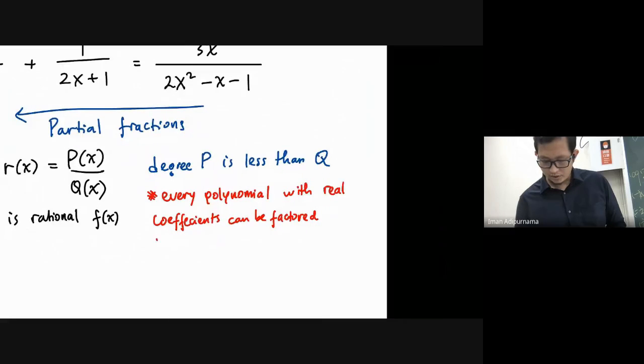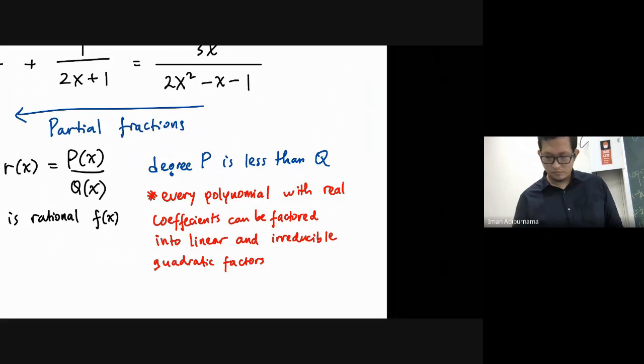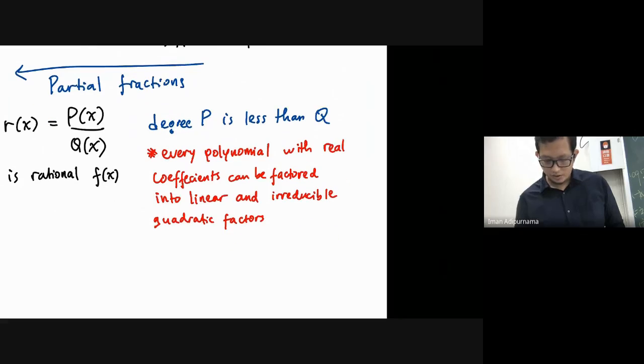Can be factored into linear and irreducible quadratic factors, which means the linear is ax plus b, and the irreducible quadratic factor is ax squared plus bx plus c.